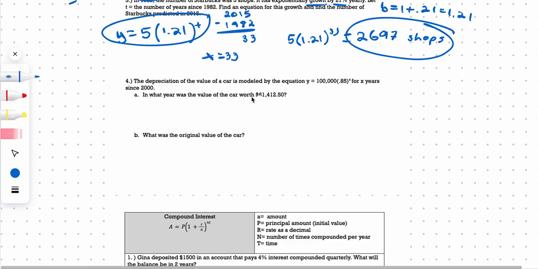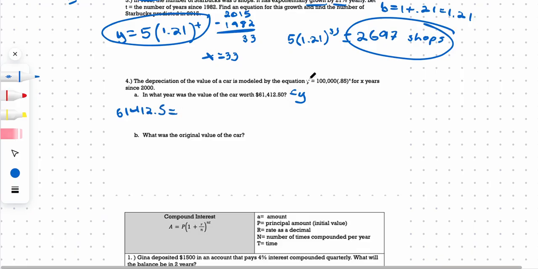So this is equal to y, right? The value of the car is y. So the value of the car right now is 61,412.5. That's y.